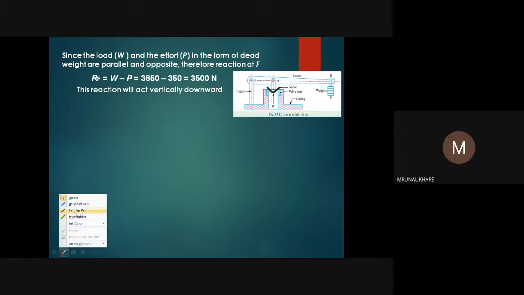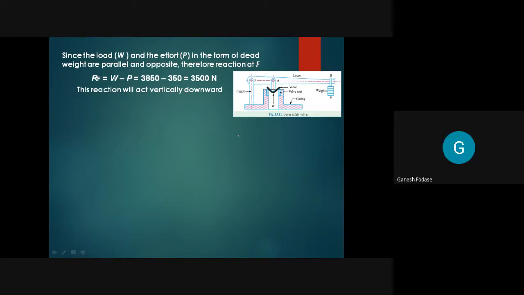The weight is more than the effort, so we will get net force in the direction of weight, and weight is acting downwards. Weight is more than effort, then net force will be upward, no? It must be upward, no? Then? But weight acts in downward direction, no?